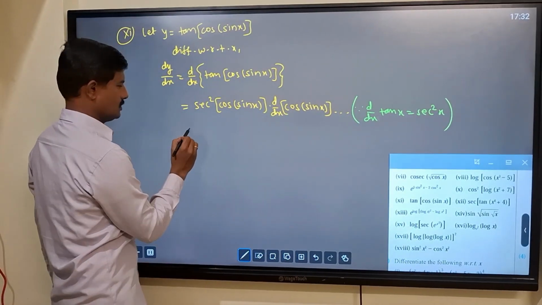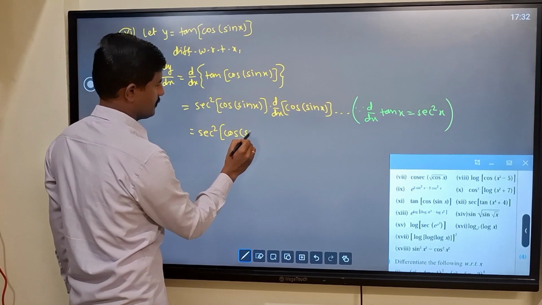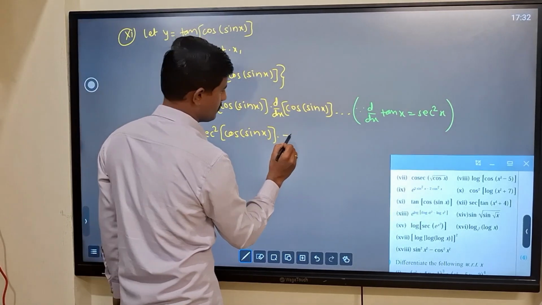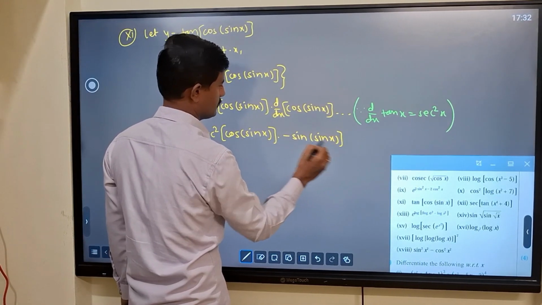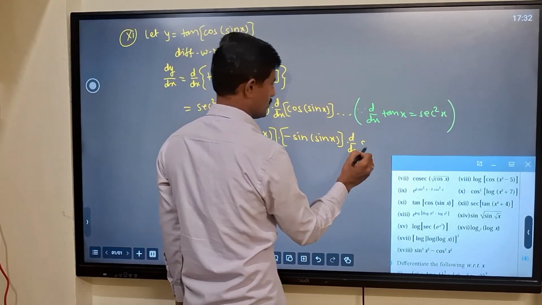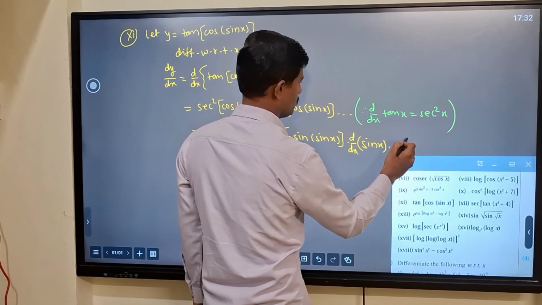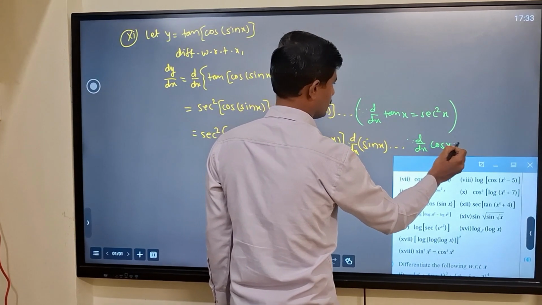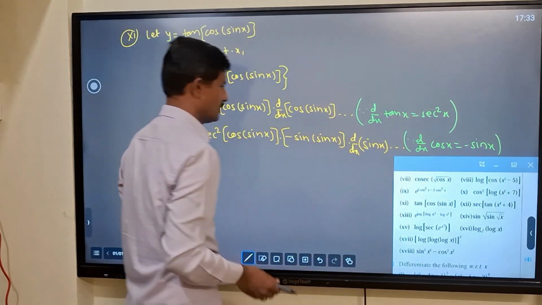Now sec square cos of sin x. Differentiation of cos is minus sin of sin x, and d/dx of cos x is minus sin x.